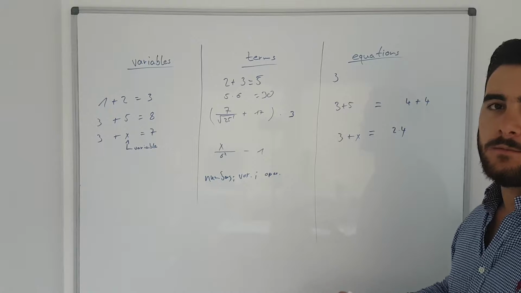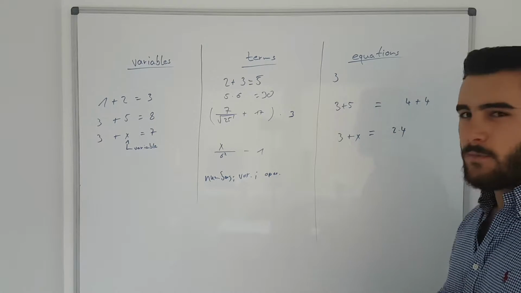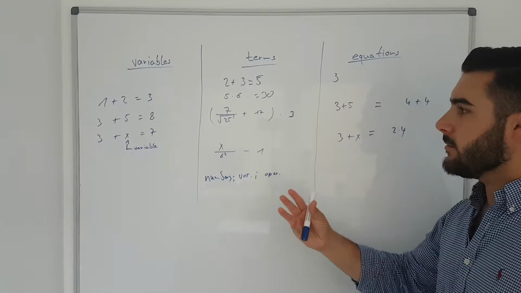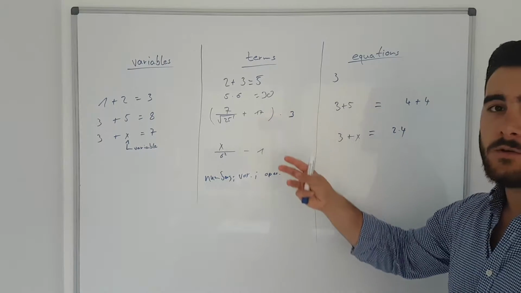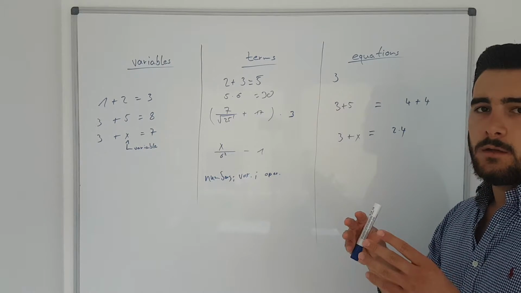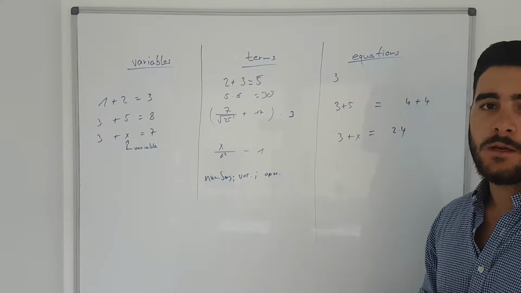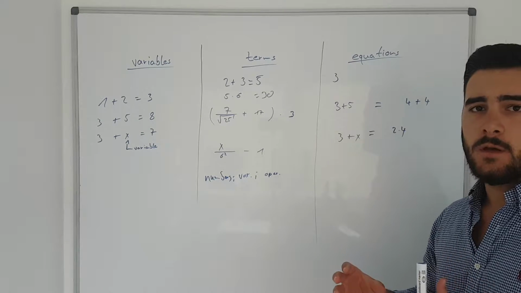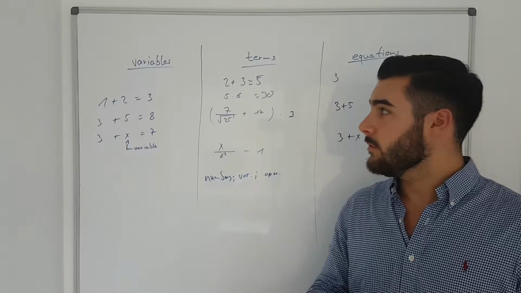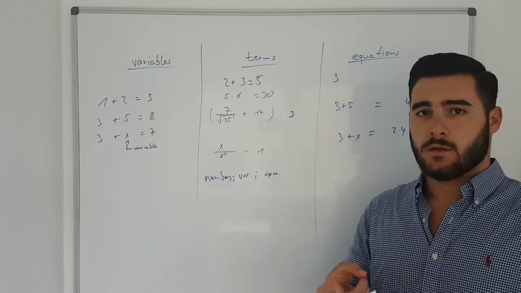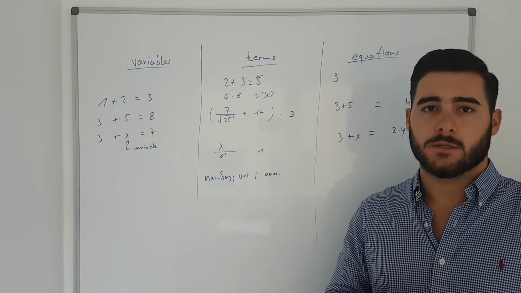What you do next is find out what x is. There you see why we use variables: we use variables for something that we don't know. We use terms to describe mathematical calculations, and we use equations to set terms equal and to find out our unknown variables. That's already it. That's what variables are for, how you use terms, and how you use equations.